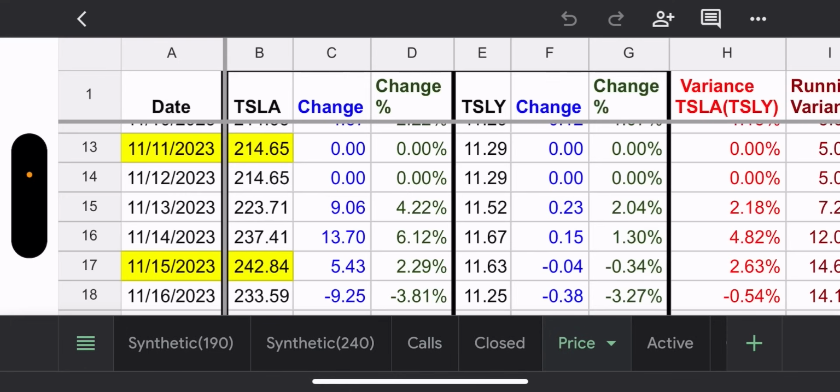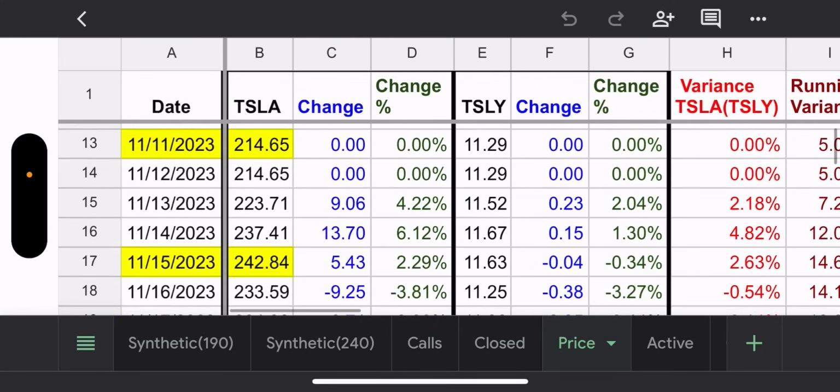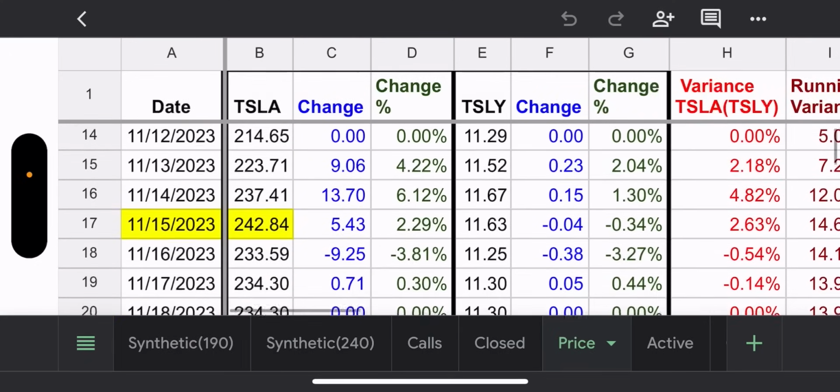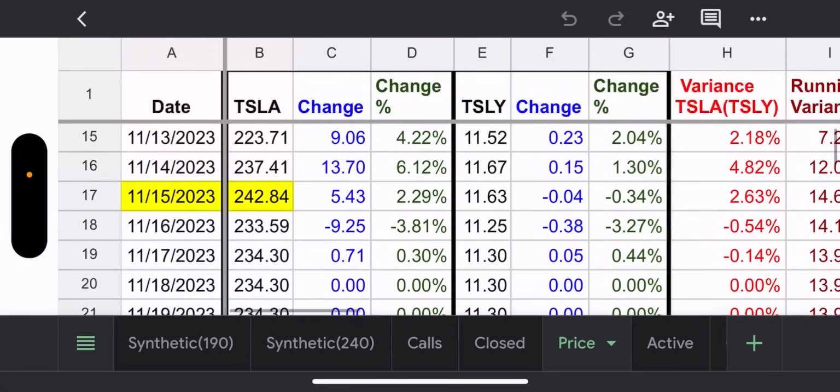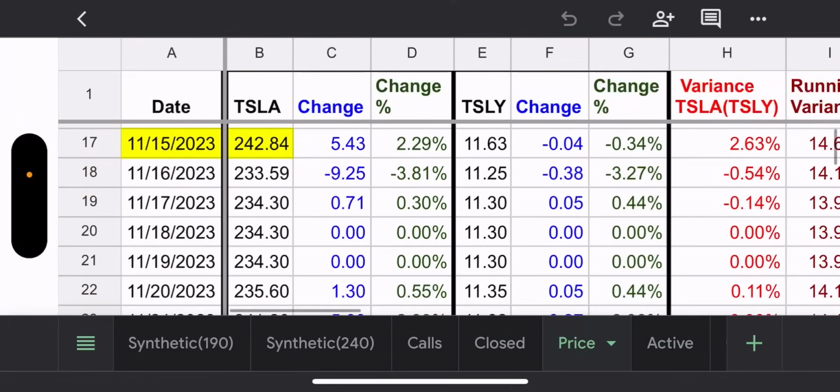So what was the price on November 10th? It was about 214. So that's barely out of the money, right? So if we go back that same day, November 10th, Tesla went up. Looks like, oh no, that was the day before. But you can see what happened after that, right? Tesla went up 4.22%. Tesla went up 6.12%. Tesla went up 2.29%.